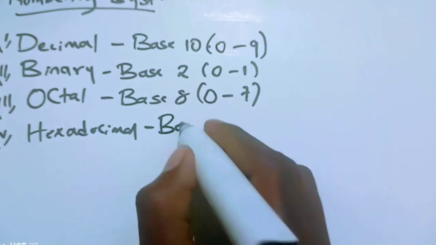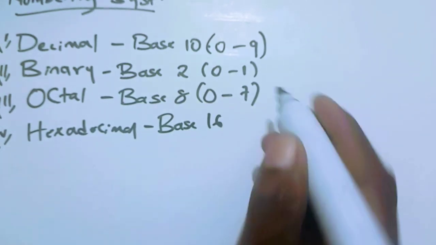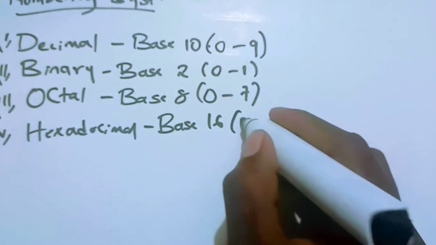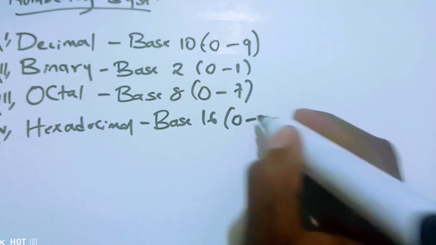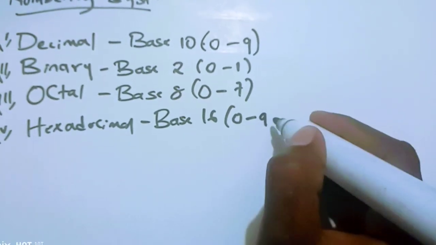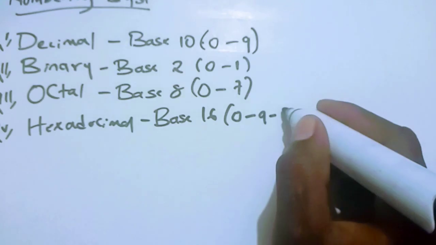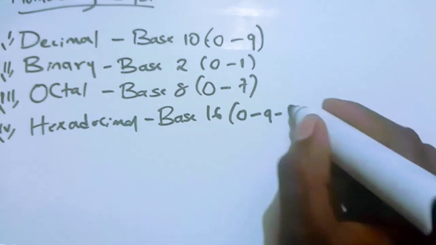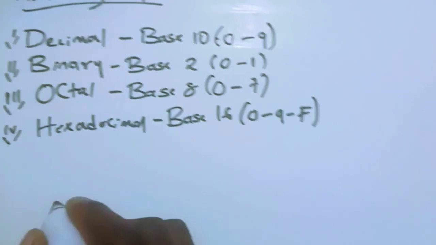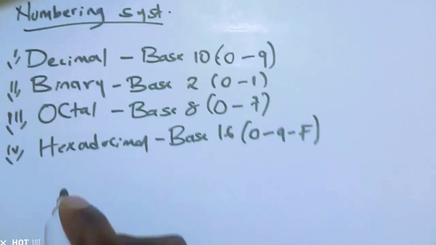This one has a base of 16. That means it has a range of 16 digits, 0 to 9, then from 9 we have some letters from A to F. So when you count all of them, they become 16 digits.